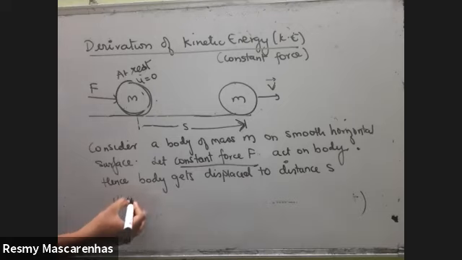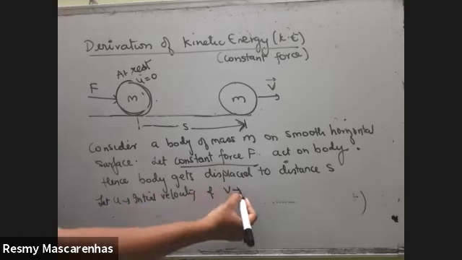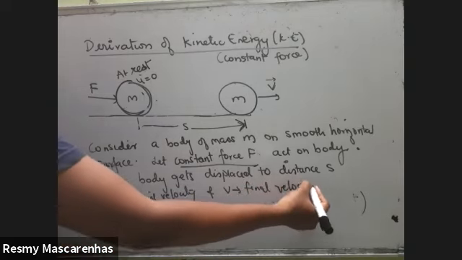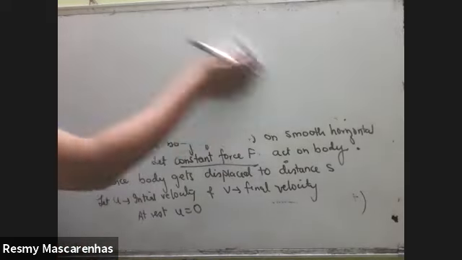Let u be the initial velocity and v be the final velocity. At rest, remember u equals 0. Final velocity is v.